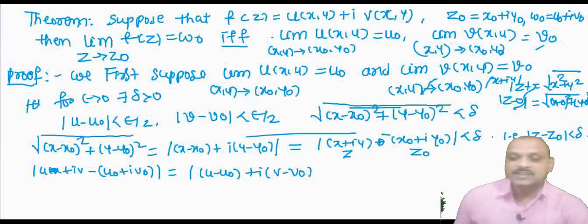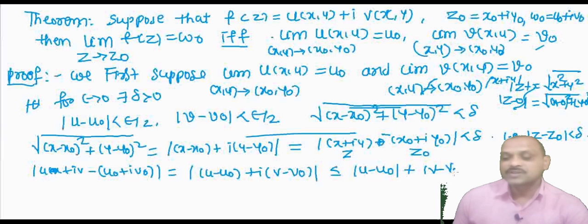This is less than or equal to mod of u minus u0 plus mod i, where mod i is 1, times mod of v minus v0. Here I have directly taken mod i as 1. But this is less than epsilon by 2 plus epsilon by 2, which is equal to epsilon.